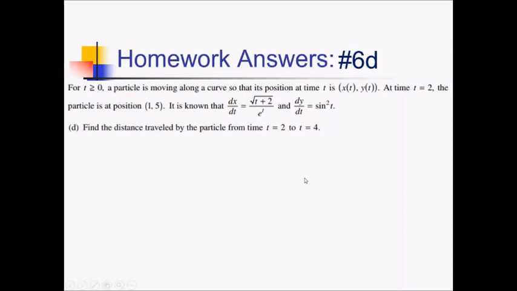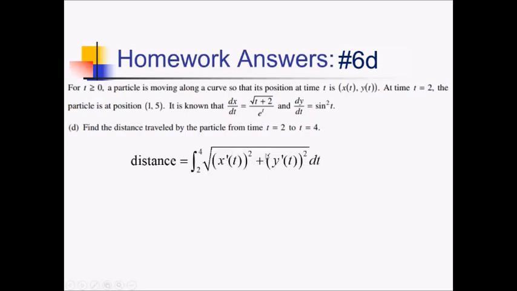For this last part, I want the distance traveled by my particle between times 2 and 4. So for this one, we're basically going to take the integral of the speed on the interval from 2 to 4. So I have an integral from 2 to 4 of, and now basically what I wrote for speed, we've got square root of x prime of t squared plus y prime of t squared, all of that with a dt.